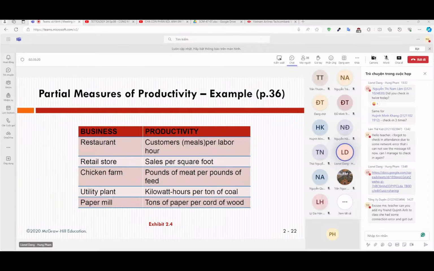You can compare: last month we had this much productivity, but this decreased because we had a change in the personnel, so that we can identify the reason for the drop in productivity. That is the meaning. Okay, so next, retail store.